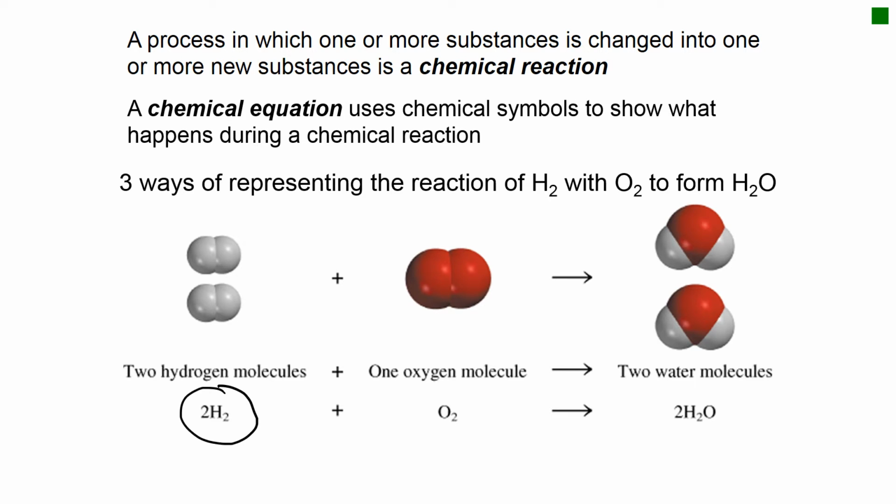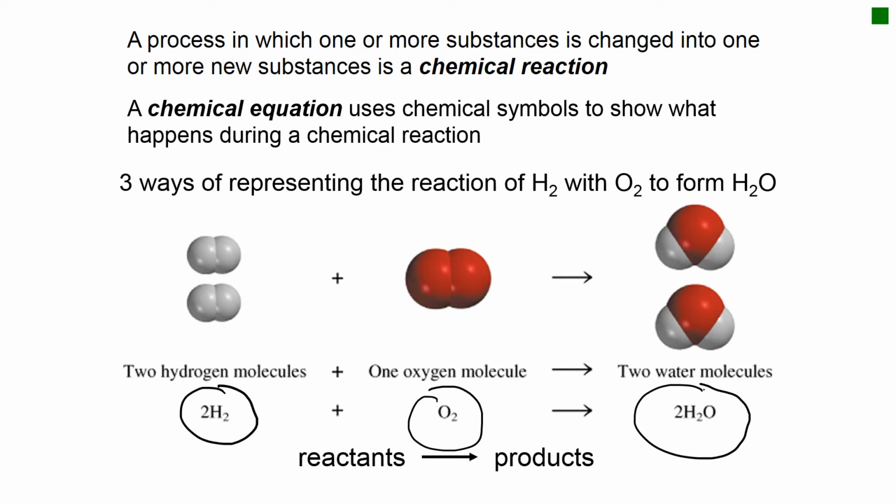The picture shows one oxygen molecule, and we write O2 to represent the picture that we're showing. The result is two water molecules, so we don't always draw the models, we write the chemical symbols. Always reactants, arrow, products. Reactants on the left, products on the right.